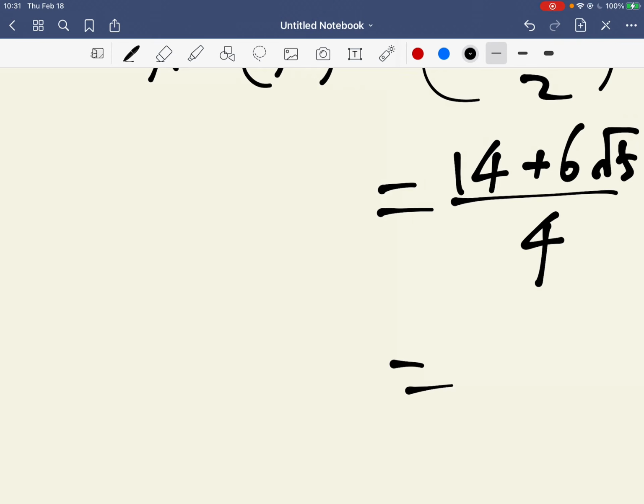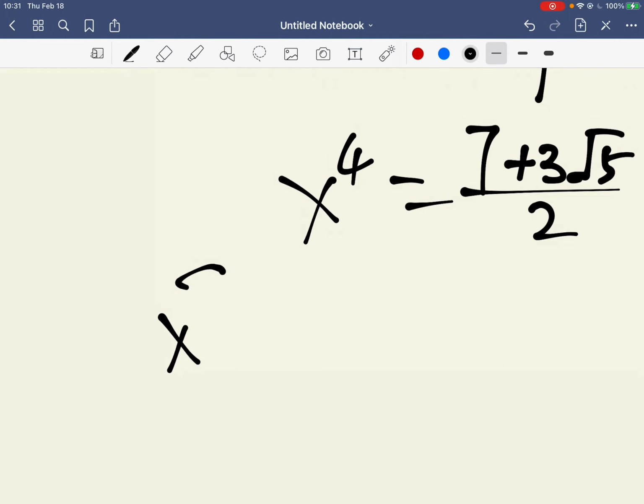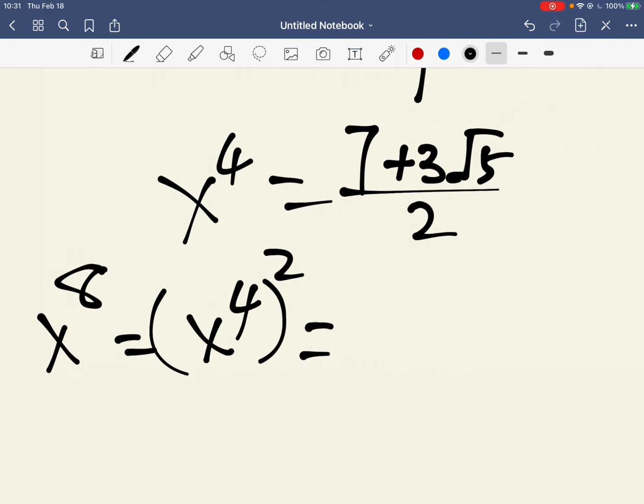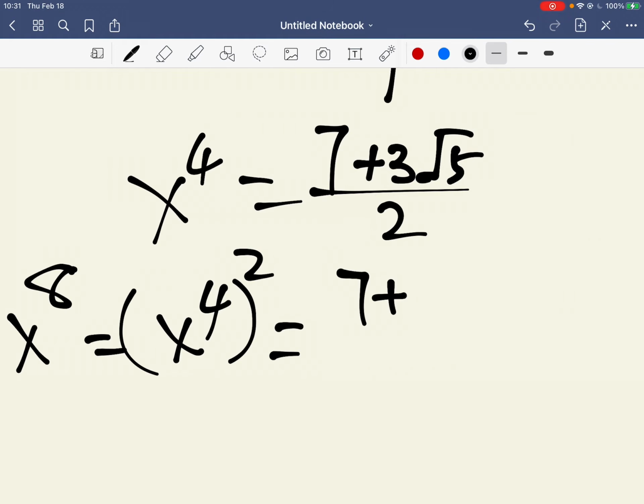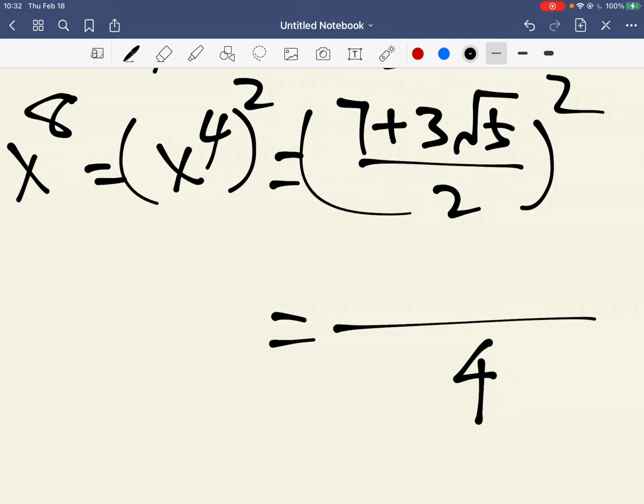If we divide both sides of the fraction, we get 7 plus 3 root 5 over 2. That is x to the 4th. And we know that x to the 8th is equal to x to the 4th squared, which means that it is 7 plus 3 root 5 over 2 squared.